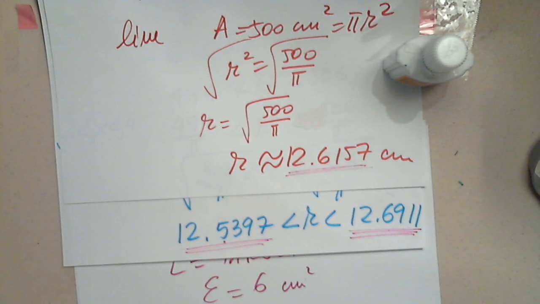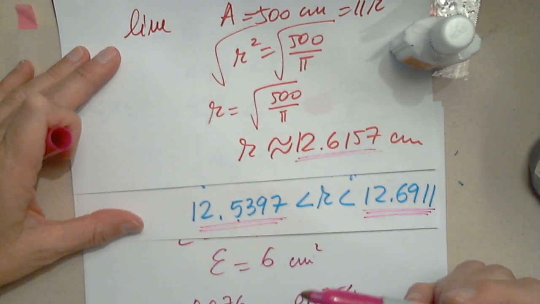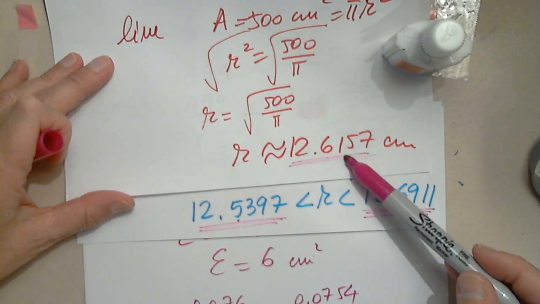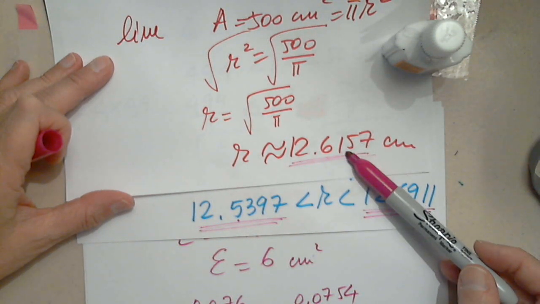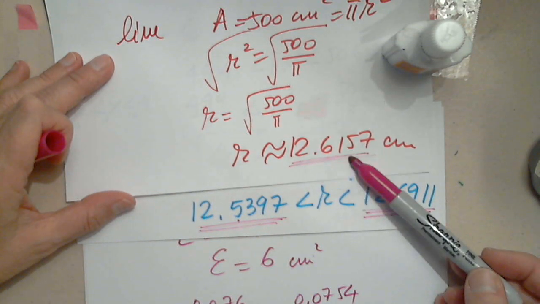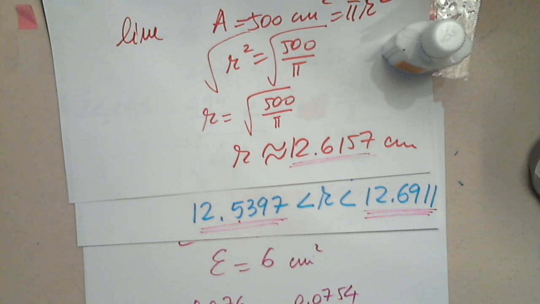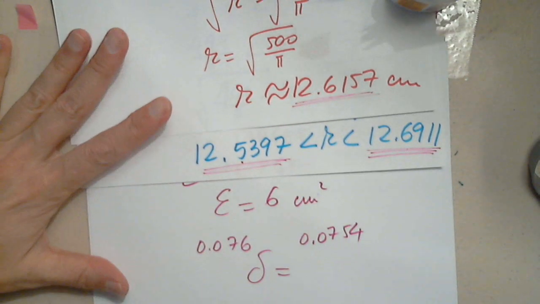How do I make a decision on delta? Delta is the difference between A, which is this, and A plus delta, and A minus delta. So how do I choose? Okay, let me draw the graph.